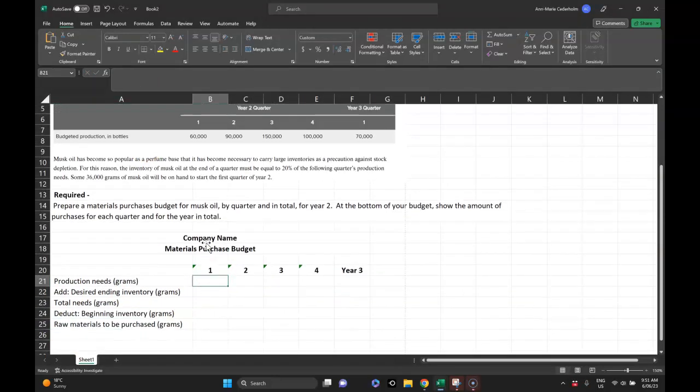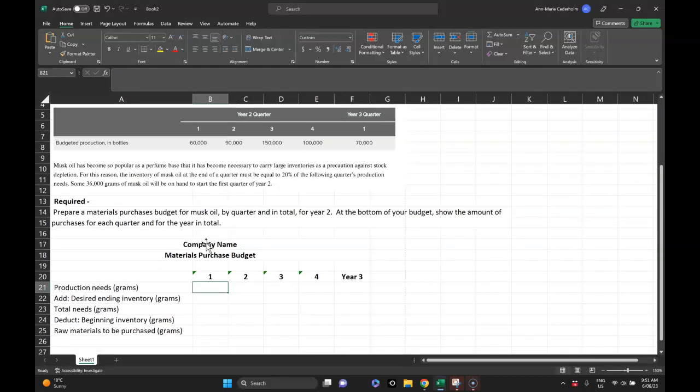Okay, so our production needs for quarter 1 is the 60,000 bottles. And then let's convert that into grams. So that's going to be times 3. Then in quarter 2, it's going to be 90,000 bottles times 3 grams. In quarter 3, it's going to be 150,000 bottles times 3 grams.